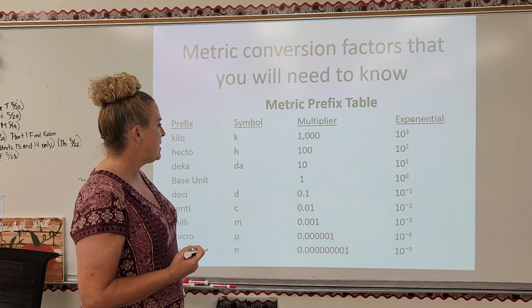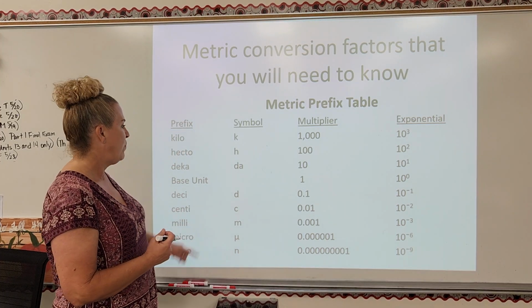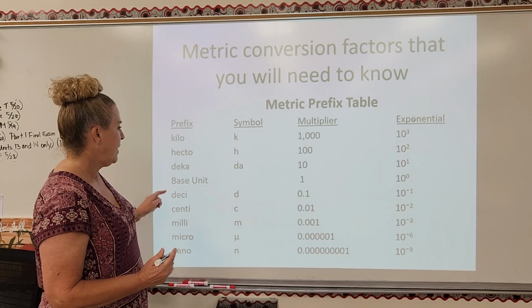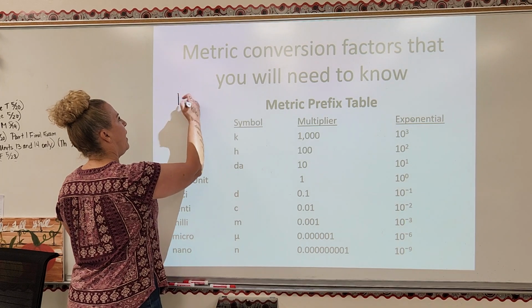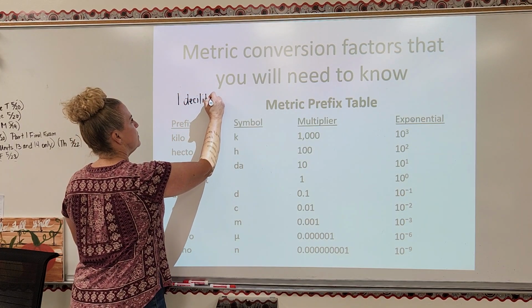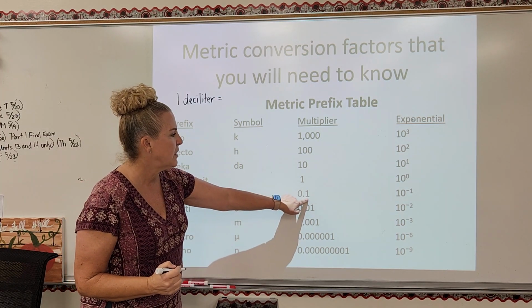The prefix that we are looking for right now, for the problem that we just did, is deci. So how we use this system is we would say a deciliter is equal to, and so I look, what does deci mean?